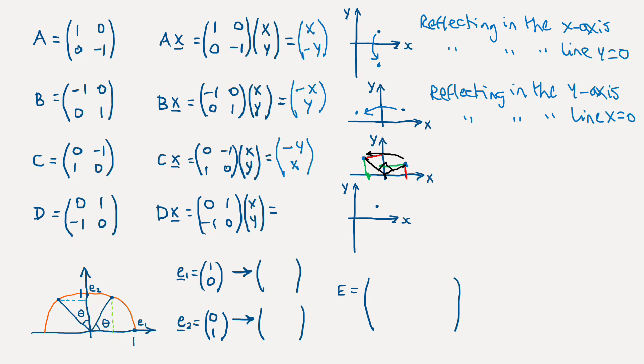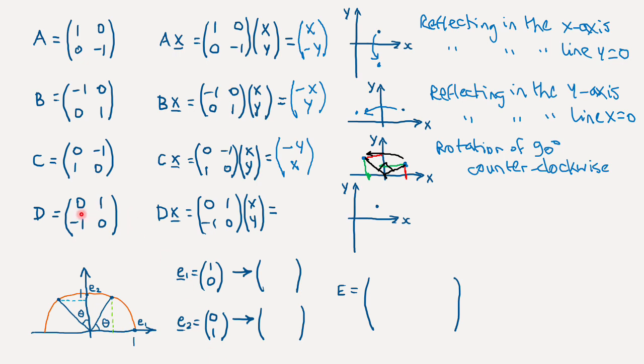So this matrix C represents a rotation of 90 degrees counterclockwise about the origin.